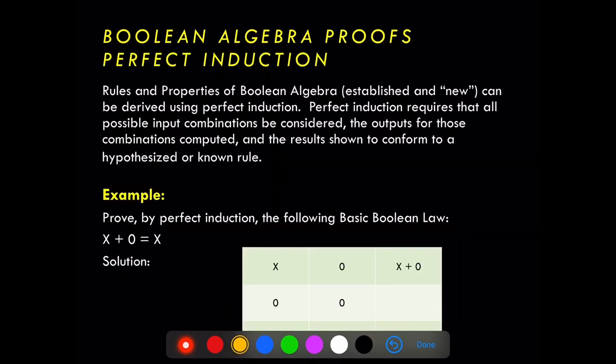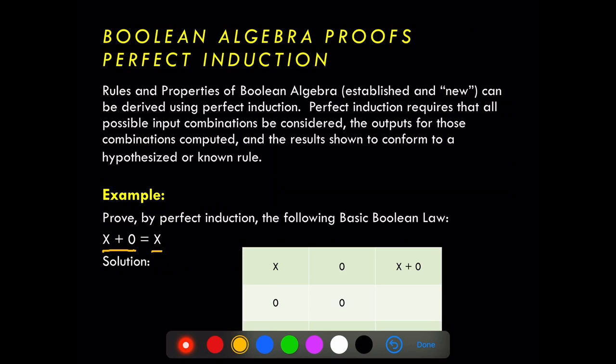Now there are many properties, rules, theorems, and laws of Boolean algebra, established and new ones that we can derive by perfect induction. The goal in perfect induction is to consider the left-hand side of the equation and the right-hand side with all possible combinations of the input variables.